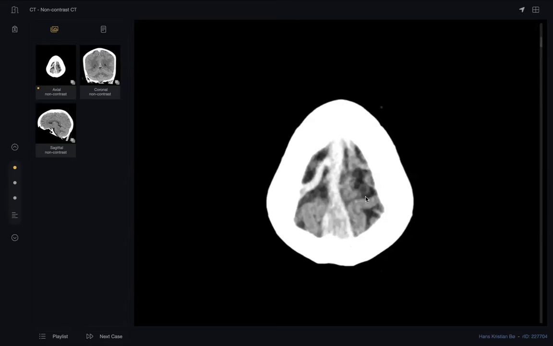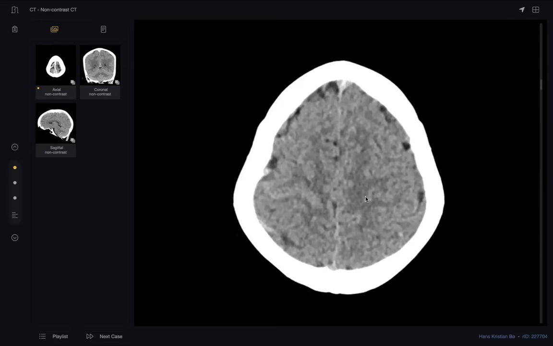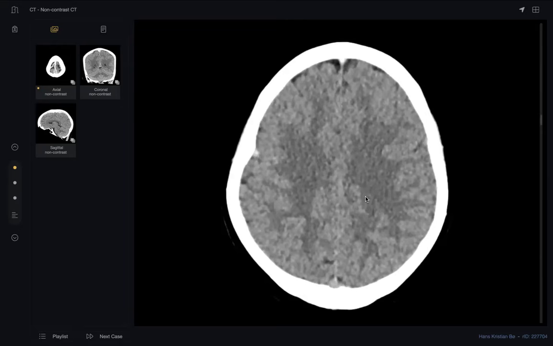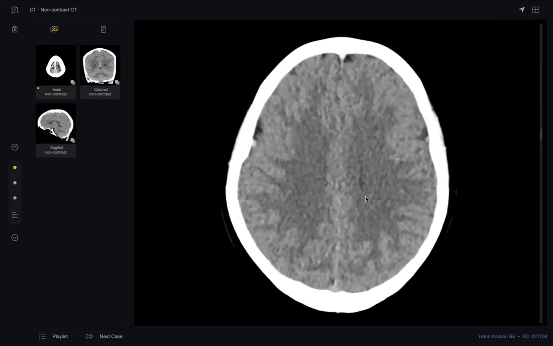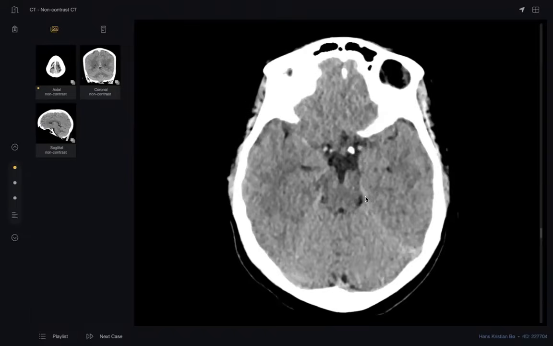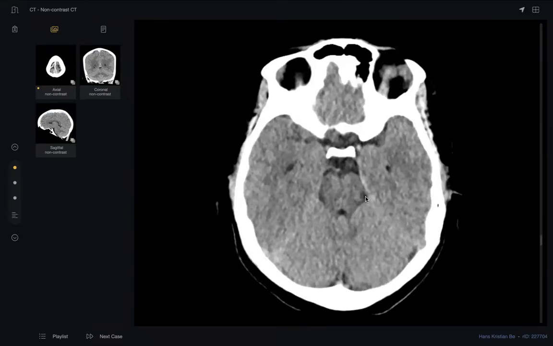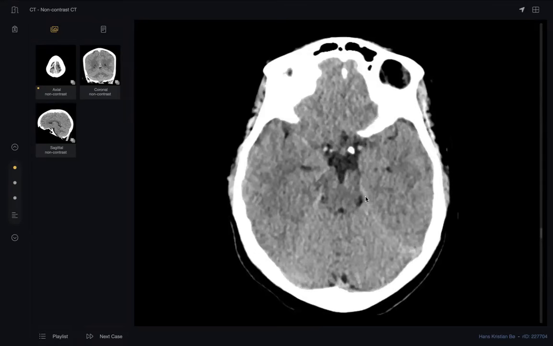Okay, doctor, this is hyperdensity in the cortical veins and the superior sagittal sinus. It almost represents a venous thrombosis. Then you go down and exclude or search for other signs or complete your exam. Because you go down and describe everything, and after that you come back and tell me your differential.